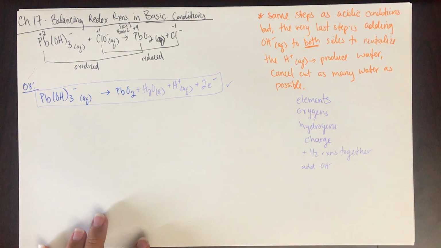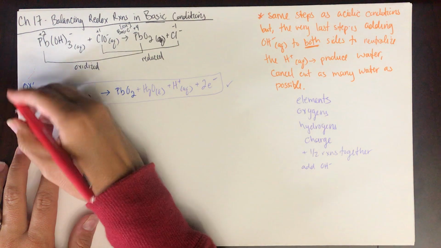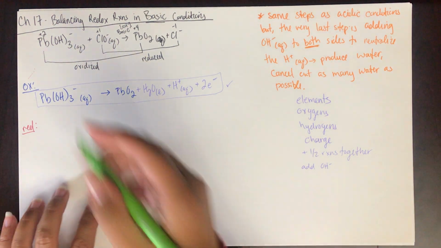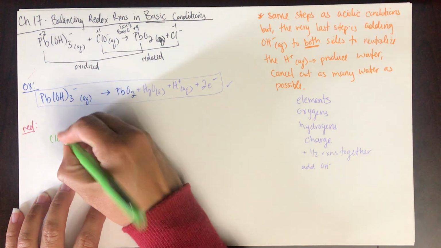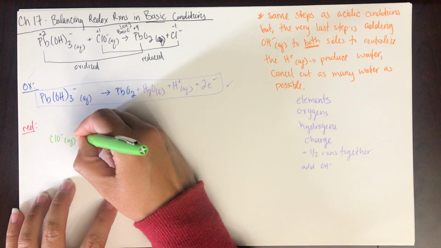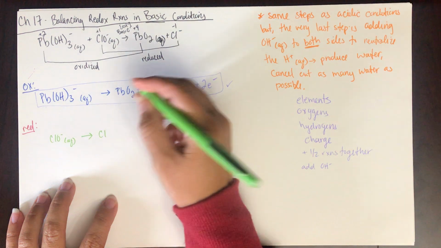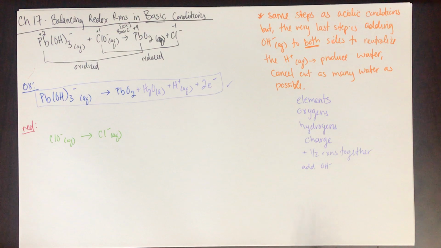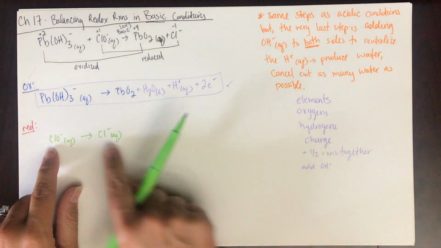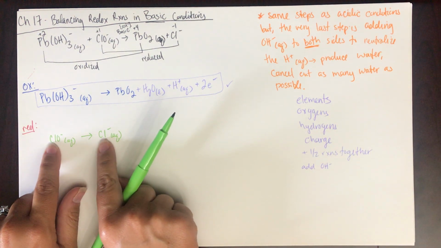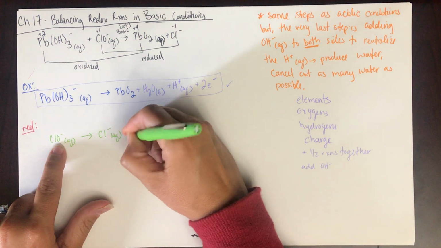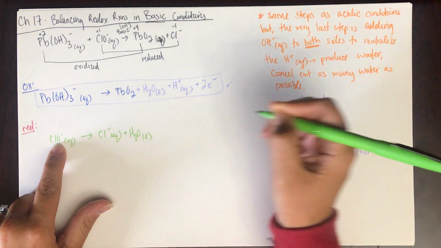So now let's look at the reduction half reaction. It is this hypochlorite ion to the chloride ion. First things first, we're going to balance the elements. Done. 1 chlorine, 1 chlorine. Then we're going to balance the oxygens. This side has 1 oxygen, so we're going to give this side 1 water.